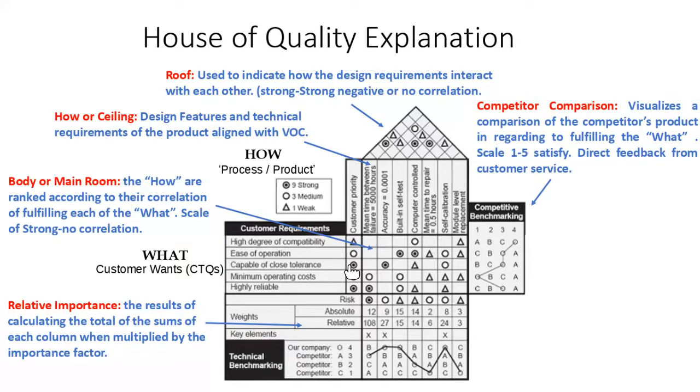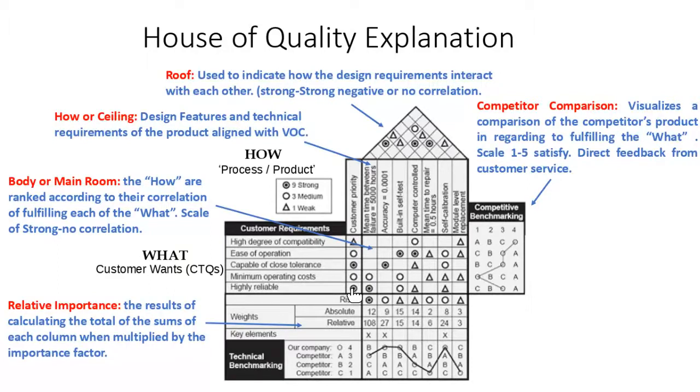Capable to close the tolerance is strong, so you consider that it is one of the must requirements for the customer. He wants to see it. High reliability is also a strong requirement. So if you want to rank the customer requirements now, you can rank them from high to low based on the symbols here, or based on the reference here.